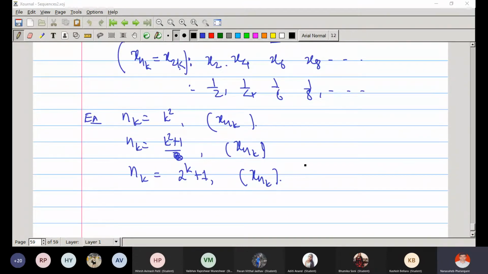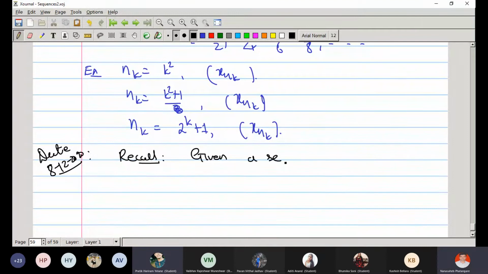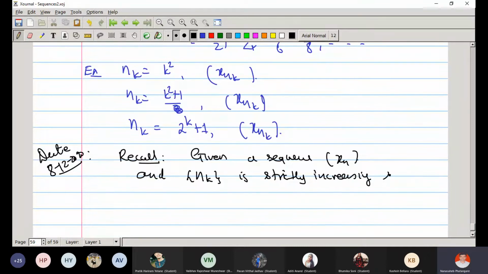Okay, so what we were talking about yesterday, subsequence of a sequence. Given a sequence xn, and nk is a strictly increasing sequence of natural numbers.